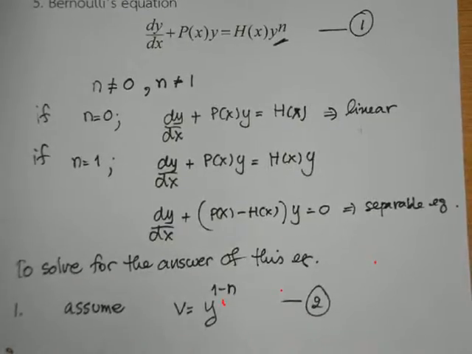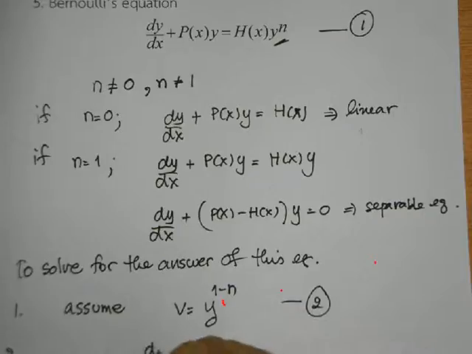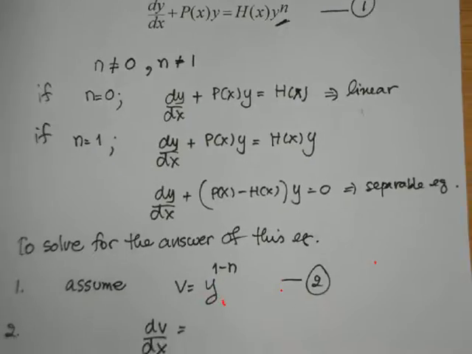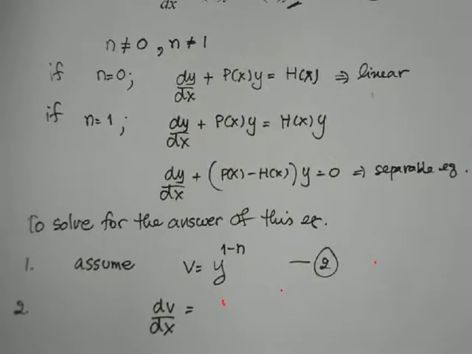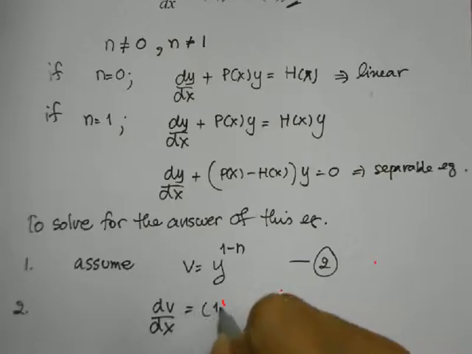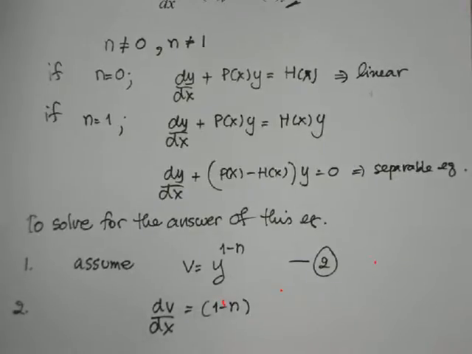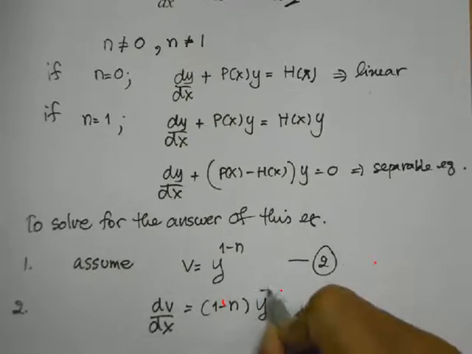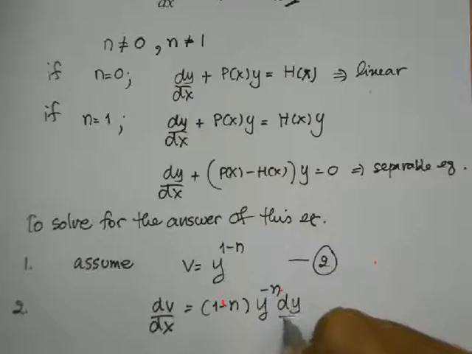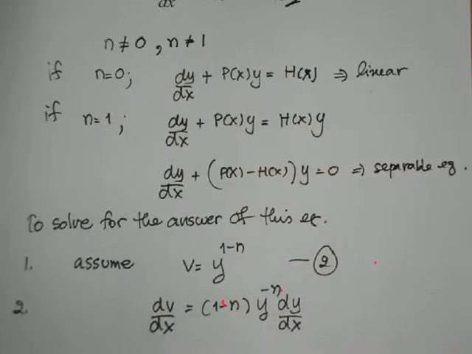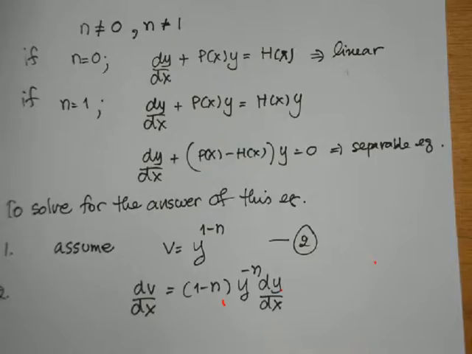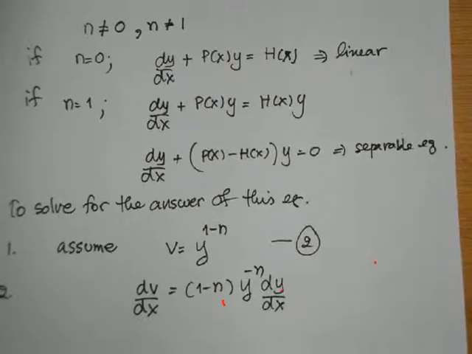From equation 2, we take the derivative of v with respect to x. We would get 1 minus n, times y to the power minus n, times the derivative of y with respect to x, right?